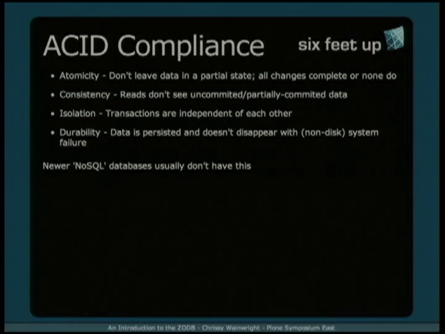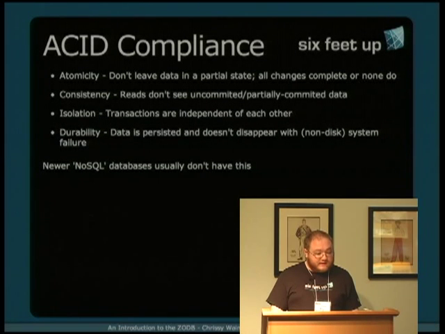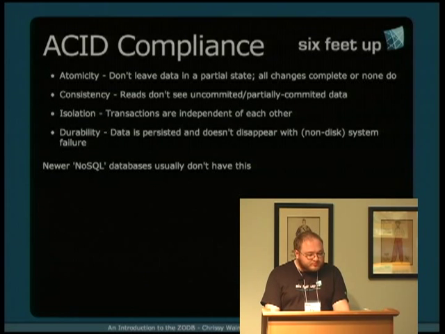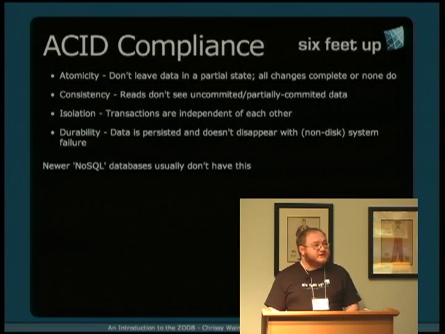Covering the ACID compliance. You might have heard the term ACID compliance come up with SQL databases, and with NoSQL databases in that they don't have it. Basically, there are 4 properties that a database needs to have to be ACID compliant. It needs to have atomic operations.